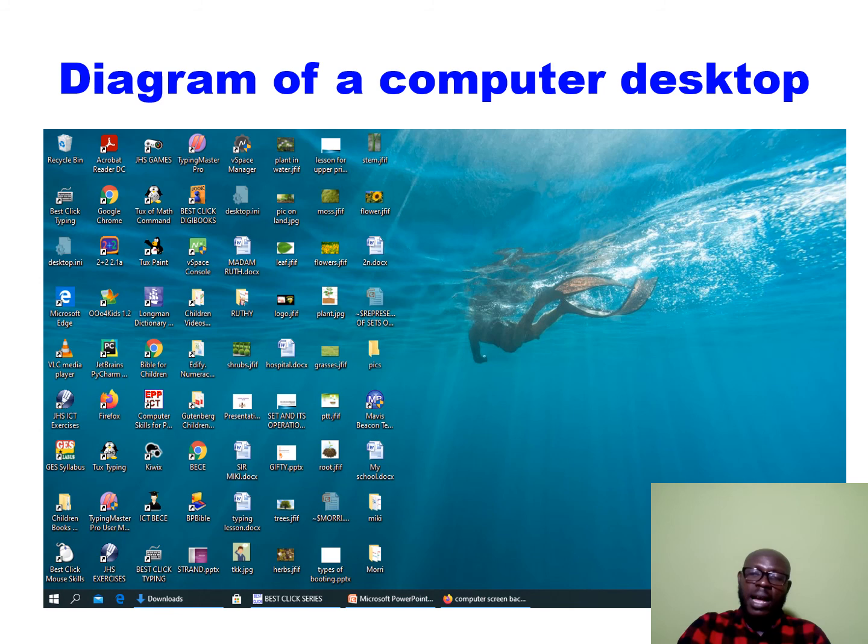Now the design on it becomes what we call the wallpaper. It beautifies the desktop. That becomes the function of the wallpaper. By default, you can see that icons are being arranged at the far left on the screen.